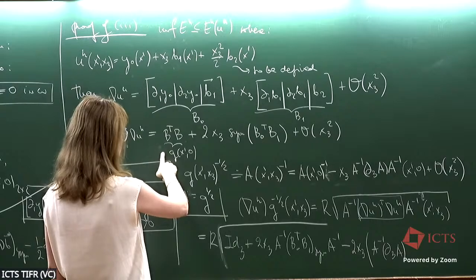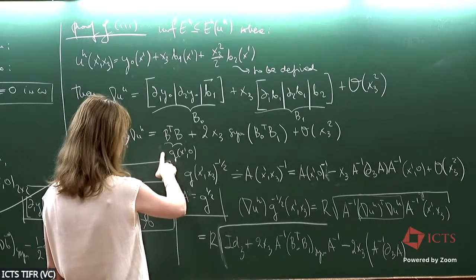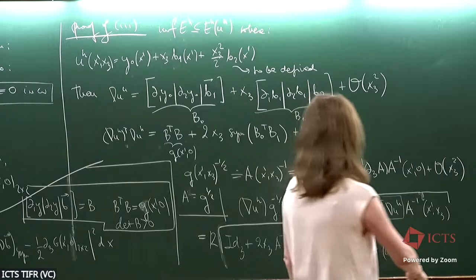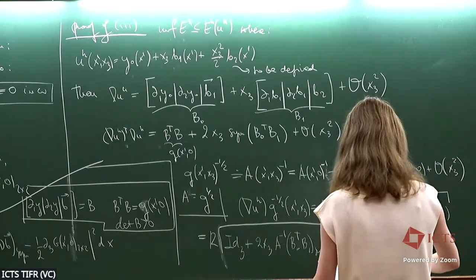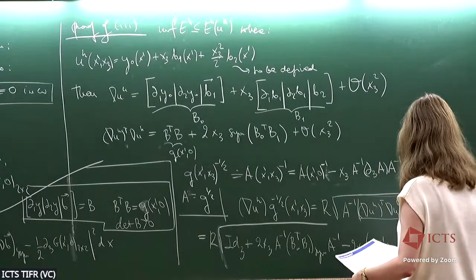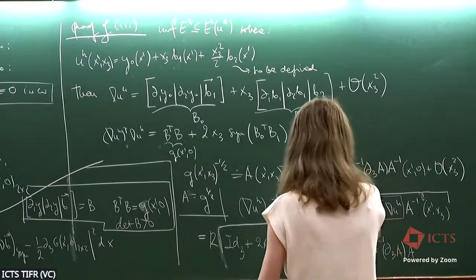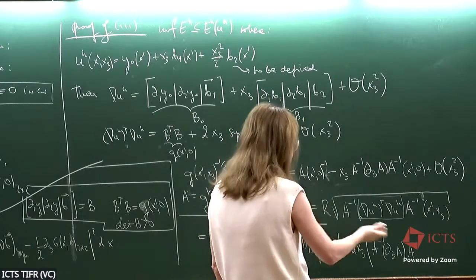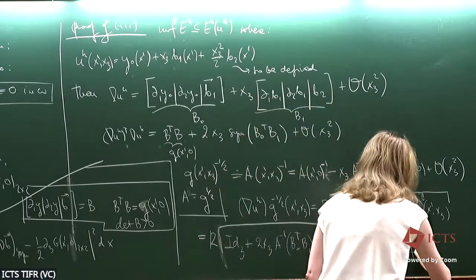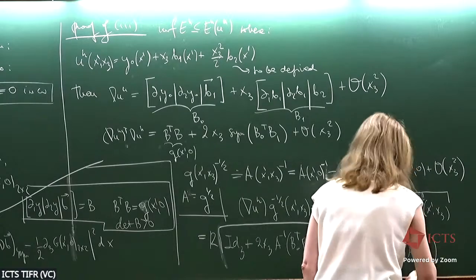So that's just A, and times A inverse. Of course it's nothing, but I prefer to still write A inverse here. Symmetric part of it.